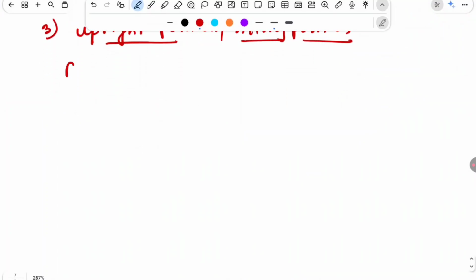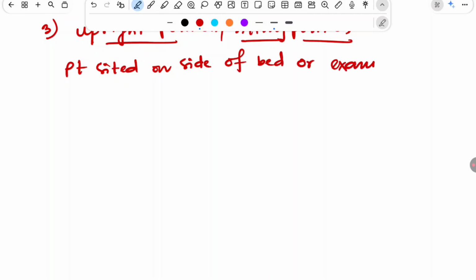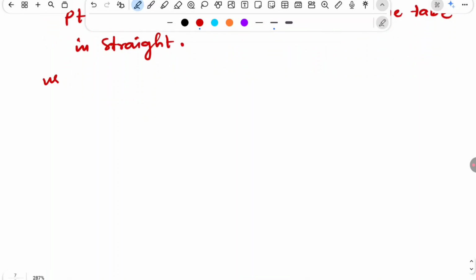In that we can write, patient seated on side of bed or examine table in straight position. Straight. I will show you pictures also, don't worry.